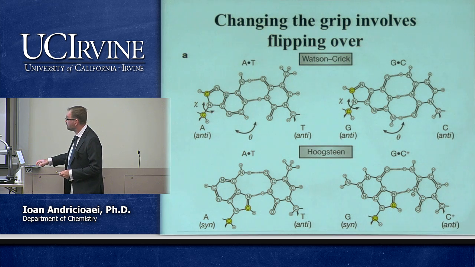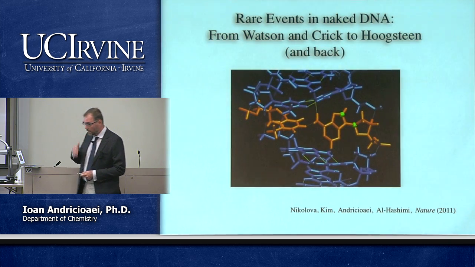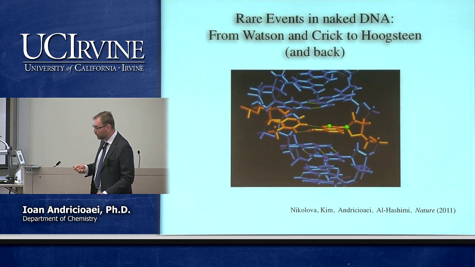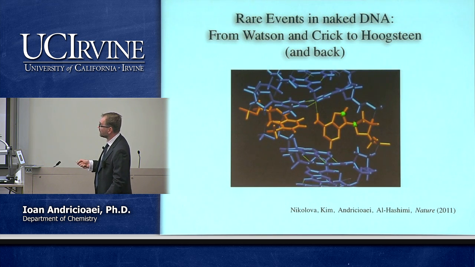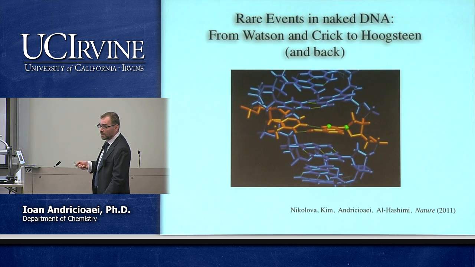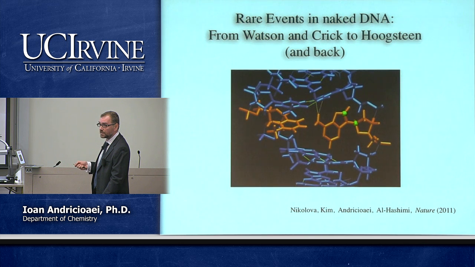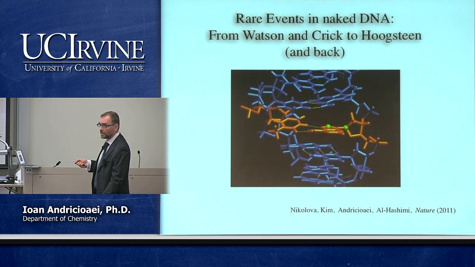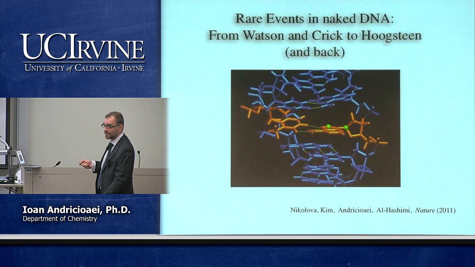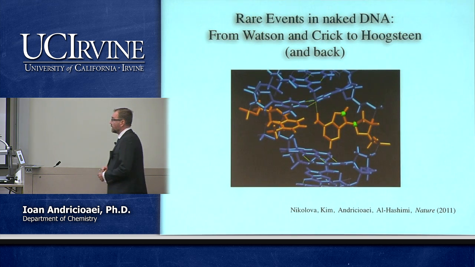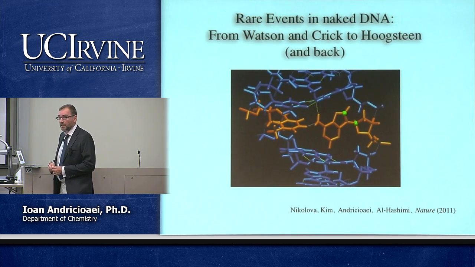Not until very recently, when my collaborator, Hashim al-Hashimi, then at the University of Michigan and now at Duke University, saw in a liquid state NMR experiment the existence of a very low populated, 1 in 100 relative to the Watson-Crick, Hoogsteen population that lived on the millisecond time scale.